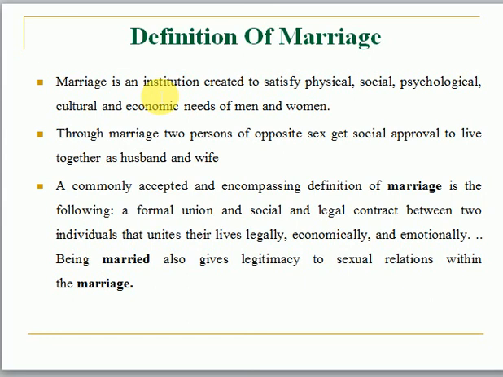So a commonly accepted and encompassing definition of marriage is the following: a formal union and social and legal contract between two individuals that unites their life legally, economically, and emotionally.